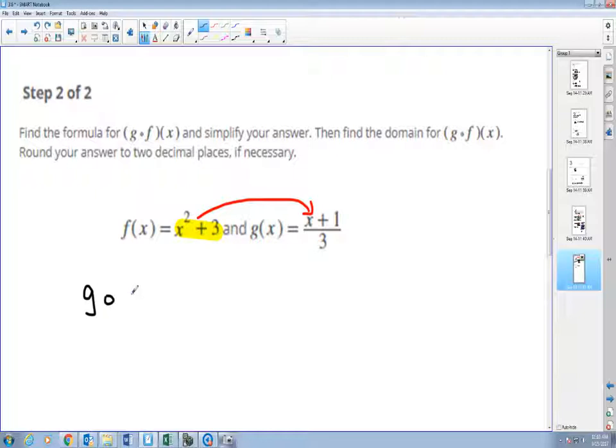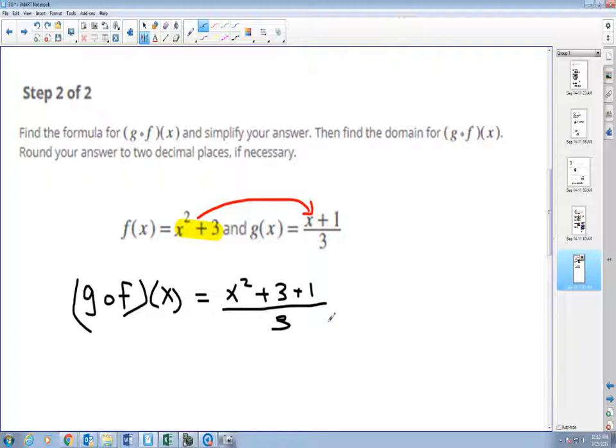So this x is just a positive 1x to the first power, so I don't need extra parenthesis to protect it. So that'll just be plus 3. Still got my plus 1 here over 3.